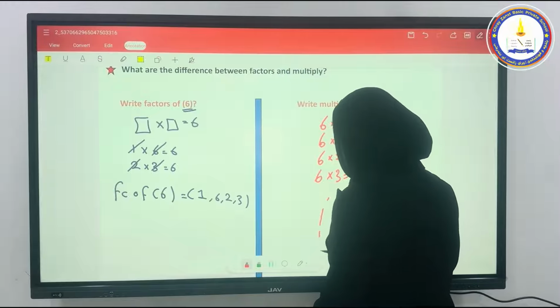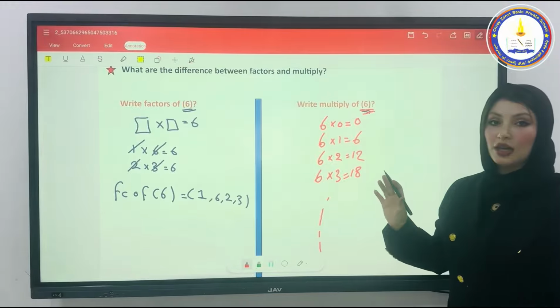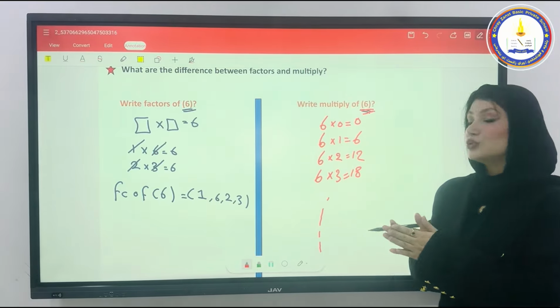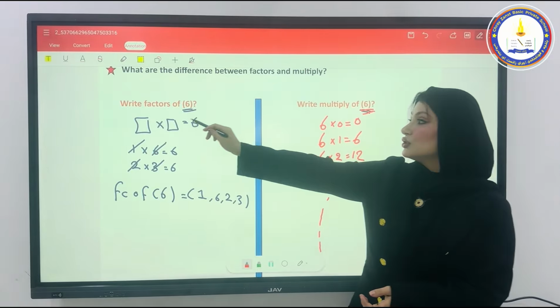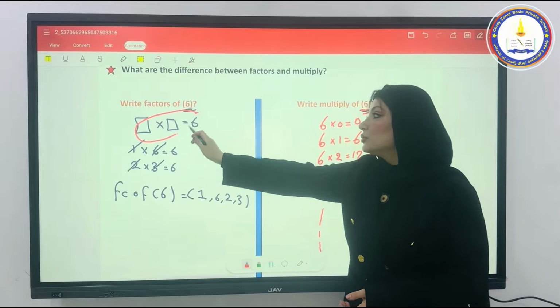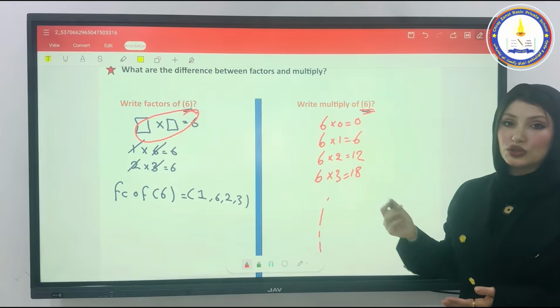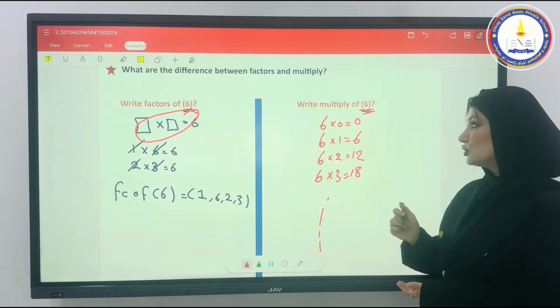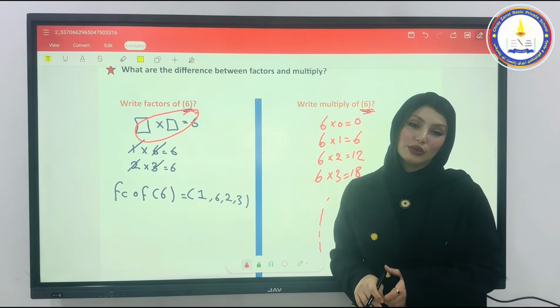And then continue. So as you see, factors and multiples are different. So do not confuse them. For the factors, use this rule and everything will be clear. For the multiples, you know the multiplication table. Just write the multiplication of 6 or any number that they ask you.